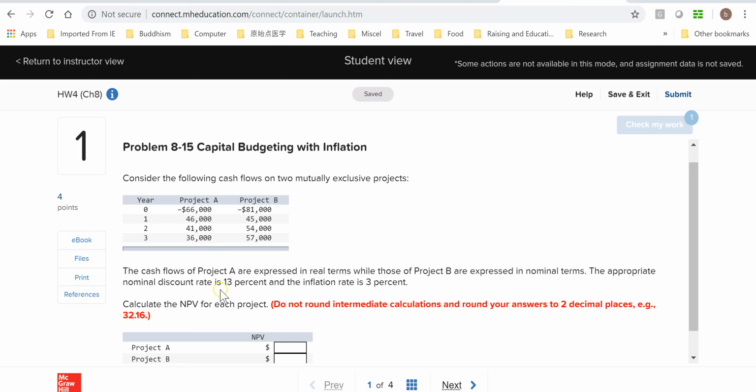But the setup only tells us the nominal discount rate and the inflation rate. So we are not directly provided with the real discount rate. However, with the Fisher equation, we can figure out the real discount rate very easily.